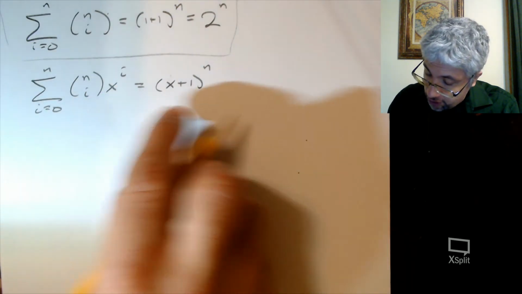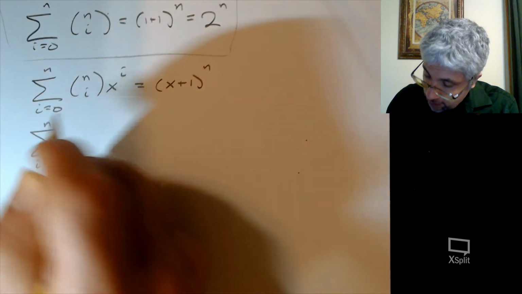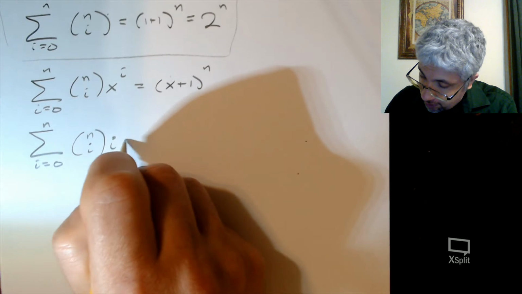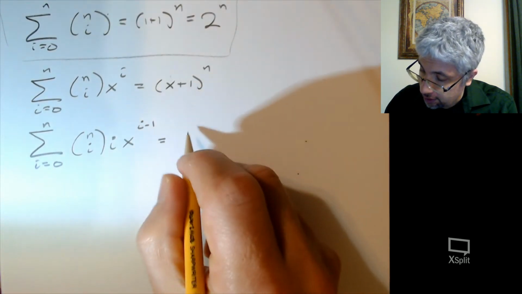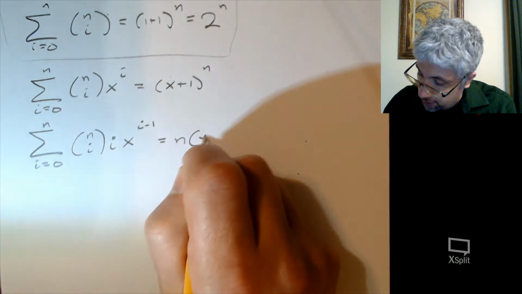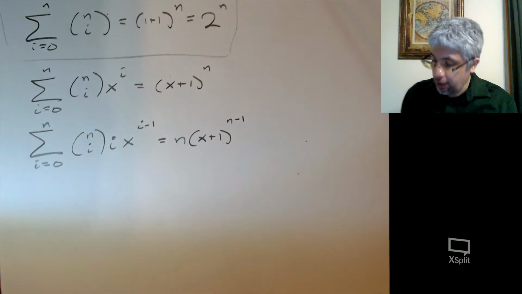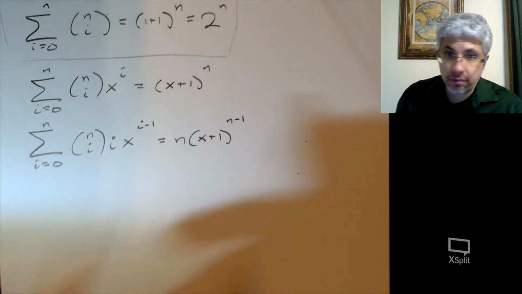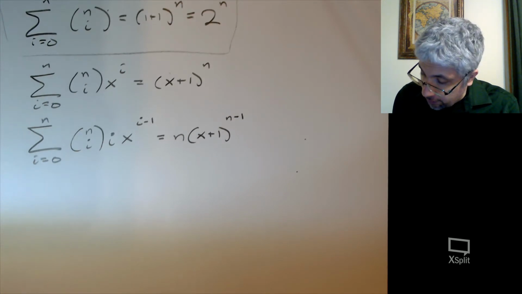If I did differentiate both sides here with respect to x, what do I get? Well, I get n choose i times i x to the i minus 1 is equal to, okay, well, I used a chain rule here, n times x plus 1 to the n minus 1, and of course this is times the derivative of x plus 1, which is just 1.